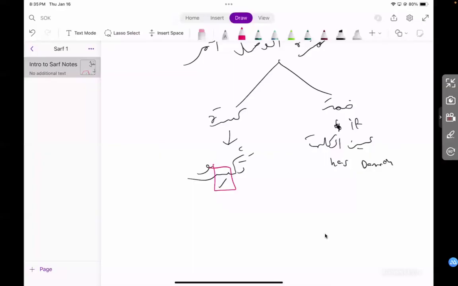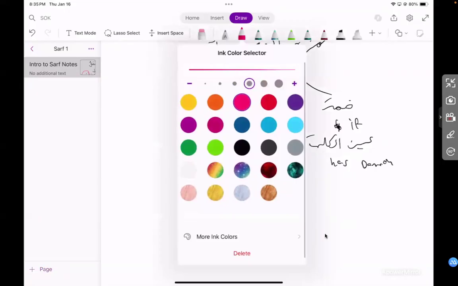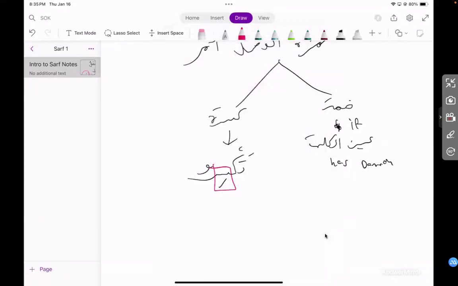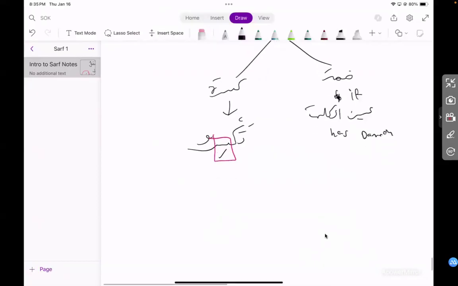So if it has a fatha or a kasra, now your hamzatul wasl is going to have a kasra, and the amr is going to look like this for this one: iksir. So you can see I have a kasra.